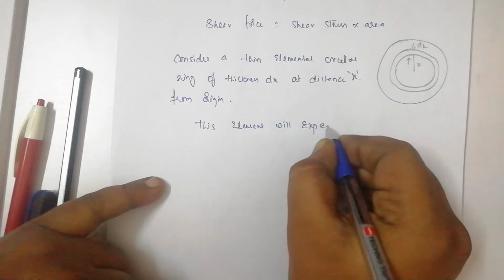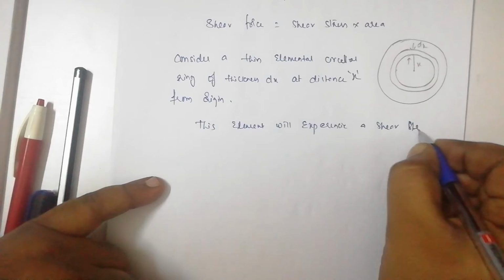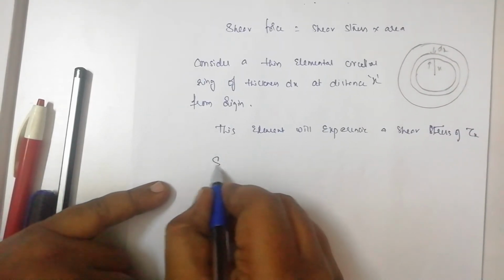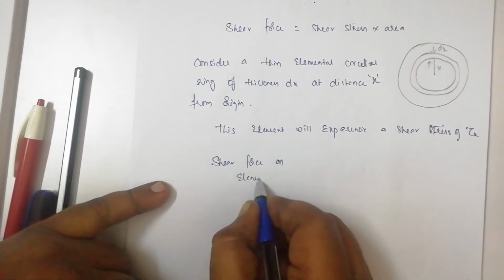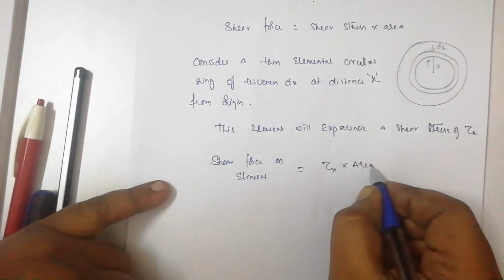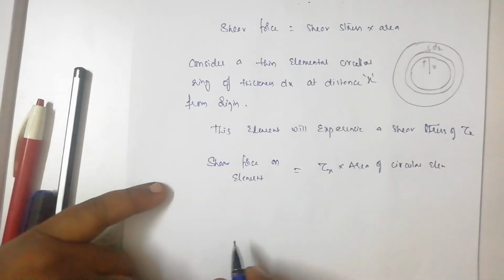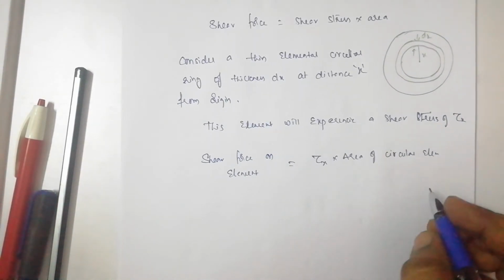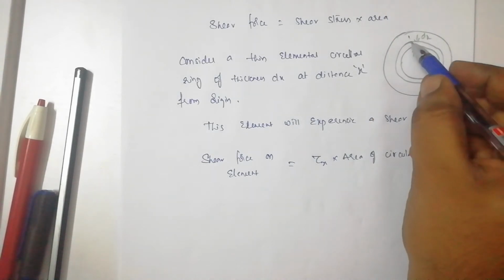Now, this element will experience a shear stress of tau x. Shear force on the element is equal to tau x into the area of the circular element, correct. Tau x we will consider as it is, but how do we take the area? This is a circular element. I will cut it at a part and bisect it.